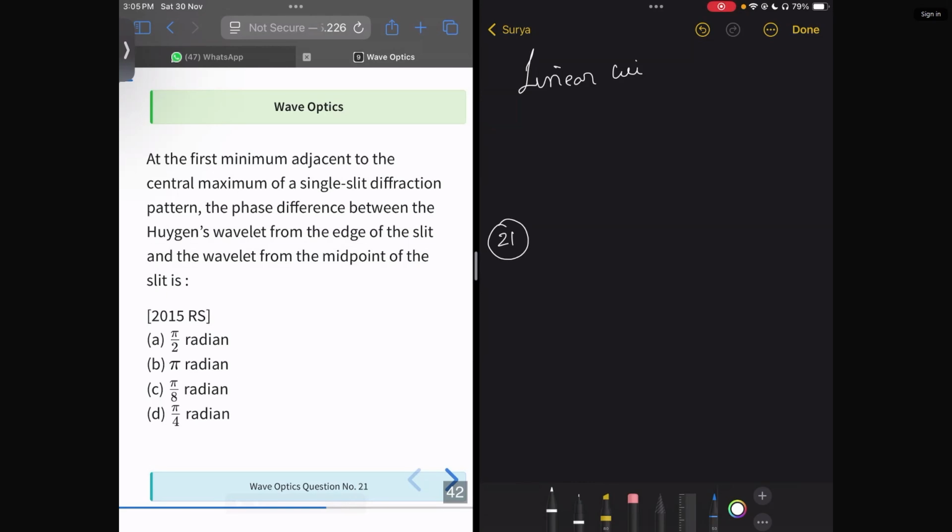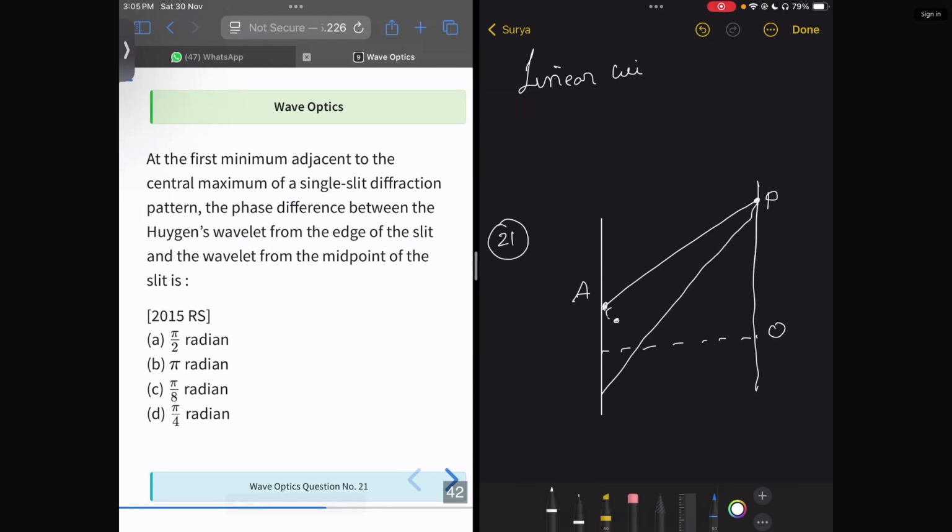So there is a slit, there is a point O, from here there is P, A, perpendicular B and M. So this angle is phi and this angle is also phi.